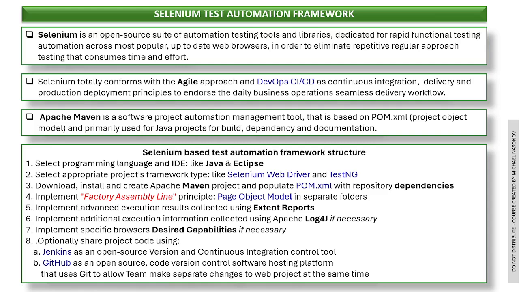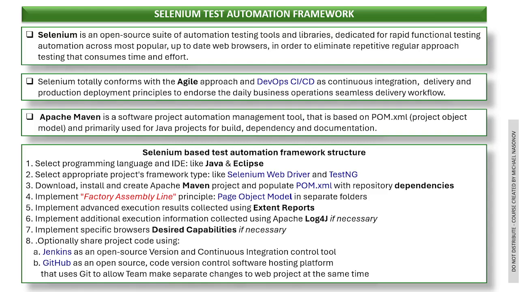Implement advanced execution results collected using extent reports. Number 6. Implement additional execution information collected using Apache Log4j, please note if necessary. Number 7. Implement specific browsers desired capabilities, once again note if necessary.